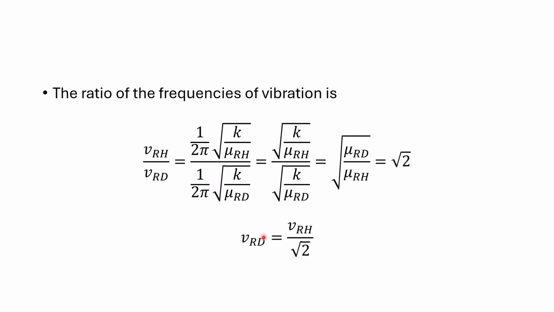So the vibrational frequency for the deuterated molecule is much smaller compared to the molecule without the substitution with the isotope, by the ratio of square root 2.